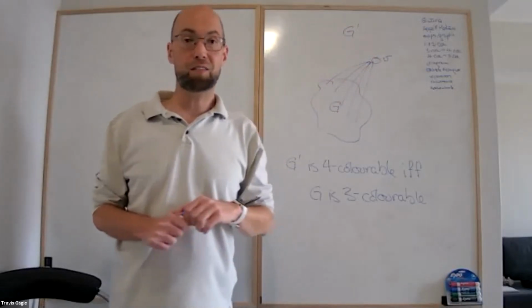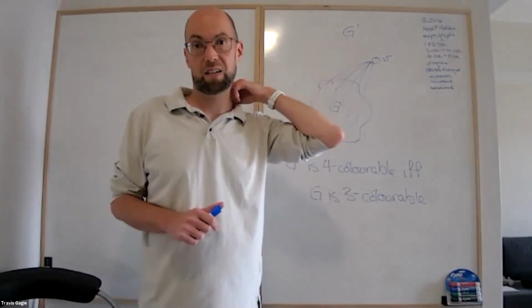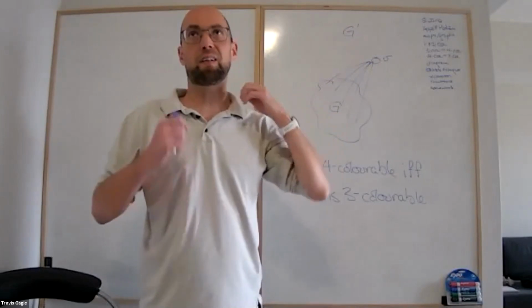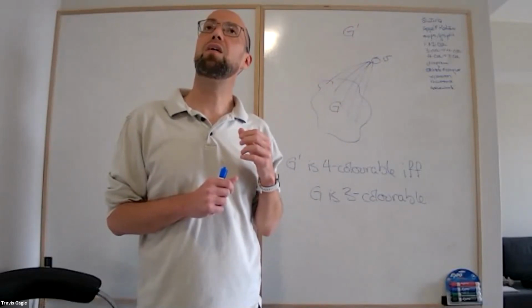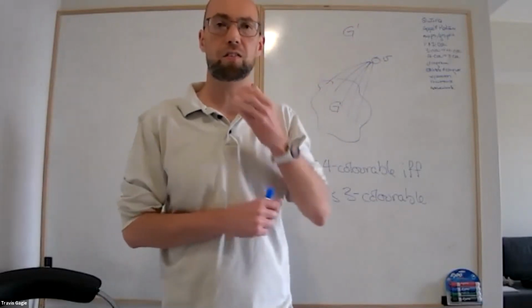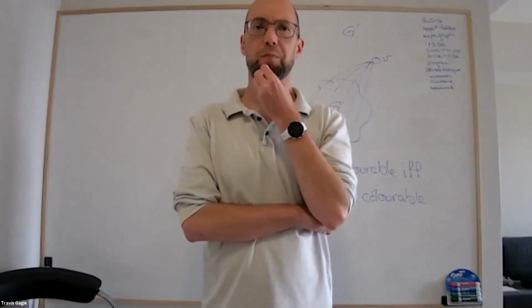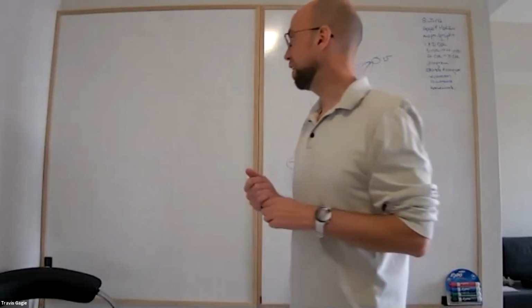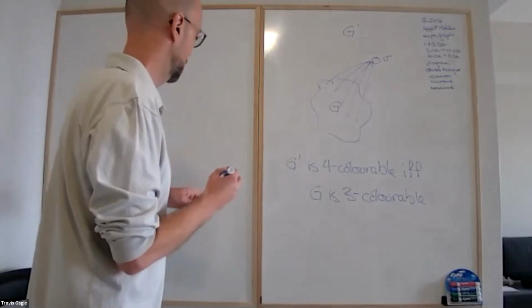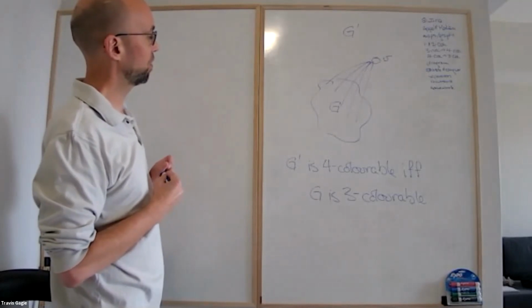For example, is a K33 3-colorable? I think a K33 is bipartite, so it's 2-colorable.